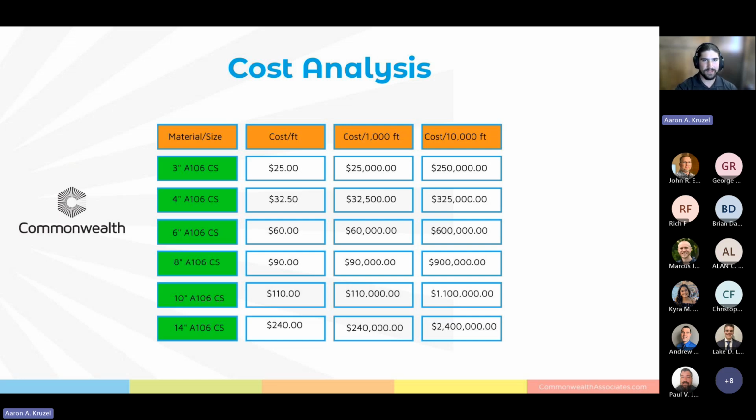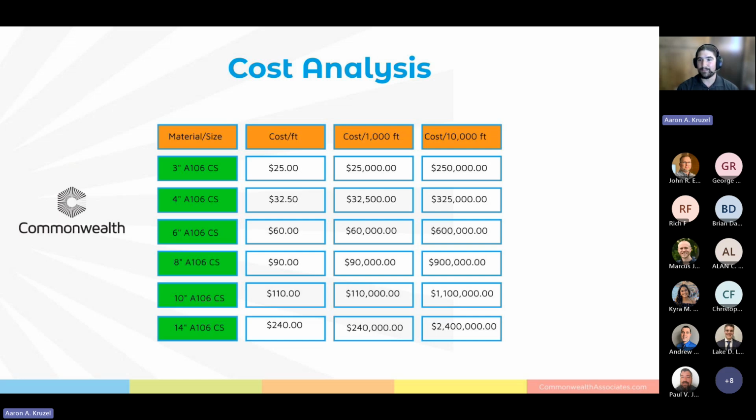A major point is that if you're at 4 inches or 6 inches, that is a huge price point over the amount of piping you have. If you're going from 1,000 feet of 4-inch pipe to 1,000 feet of 6-inch pipe, you're nearly doubling the cost, and it gets additive.